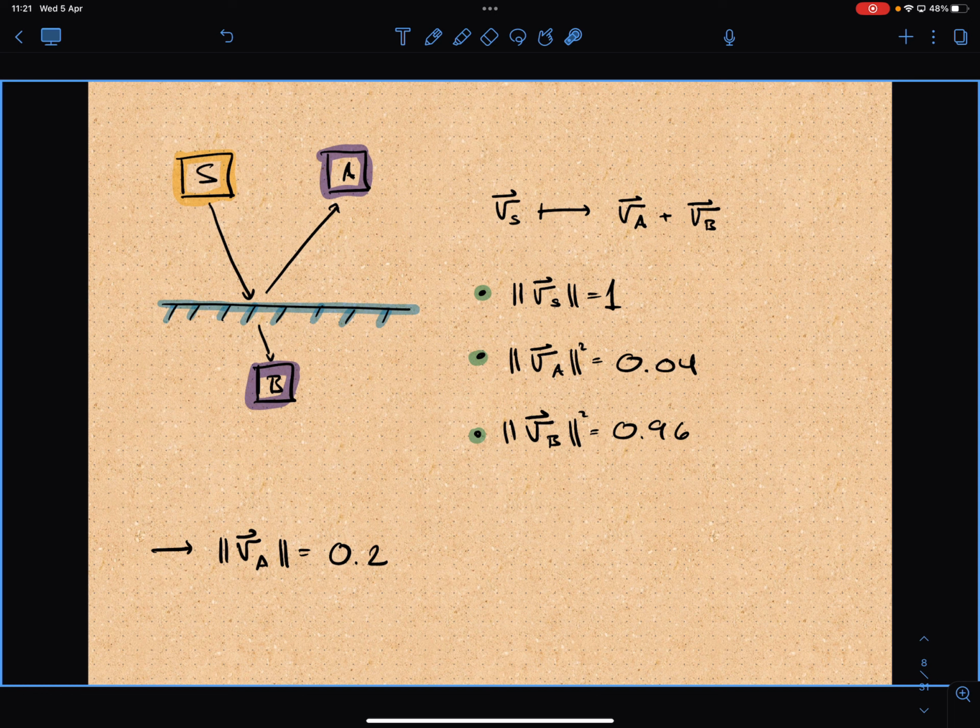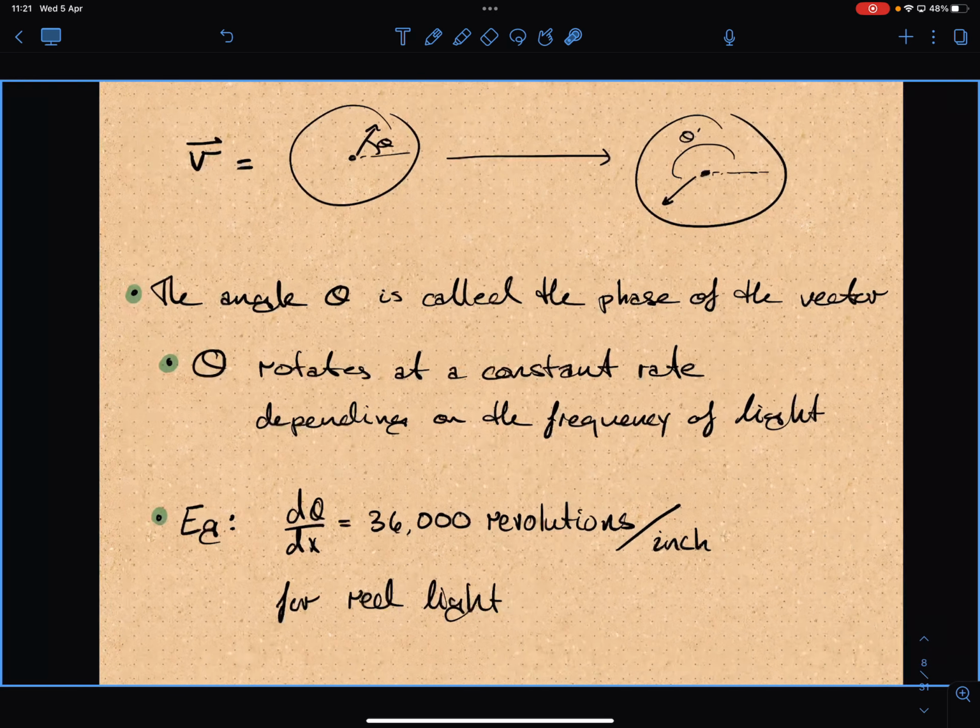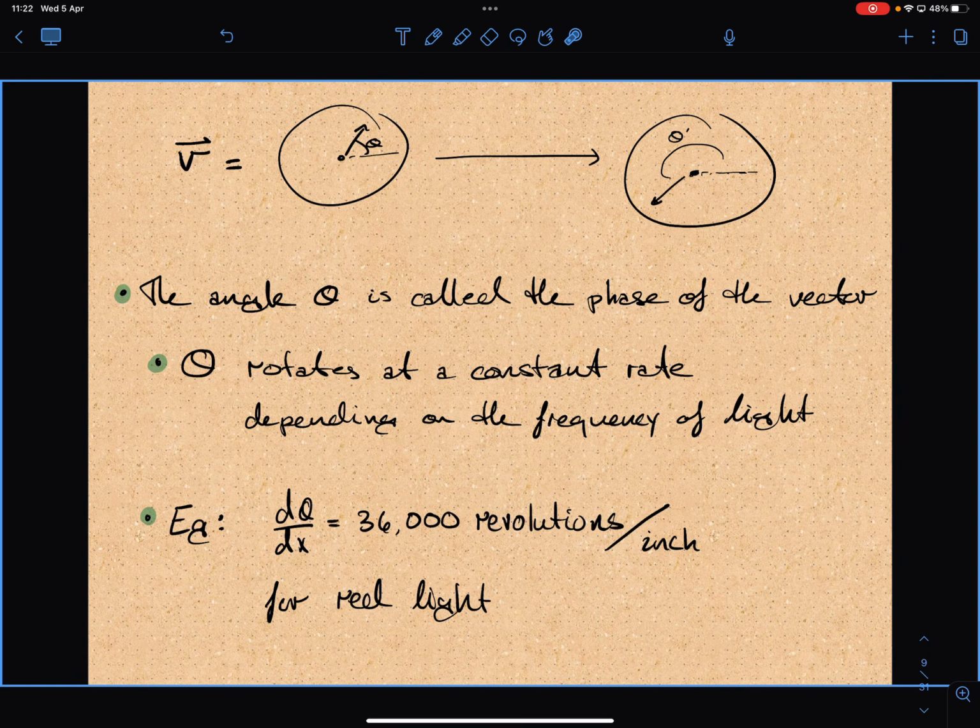And we're representing the light as vectors. And the magnitude squared is going to give us the probability. And then additionally, there's this angle for the light vector that rotates. Theta is what's called the phase of the vector. And it's similar to the phase of the waves that we were looking at before.